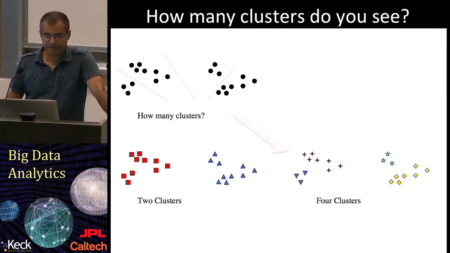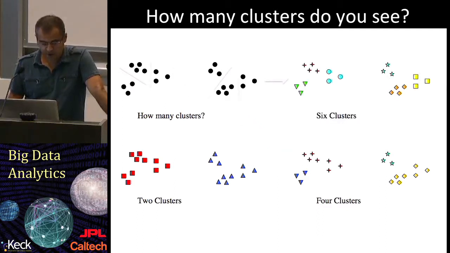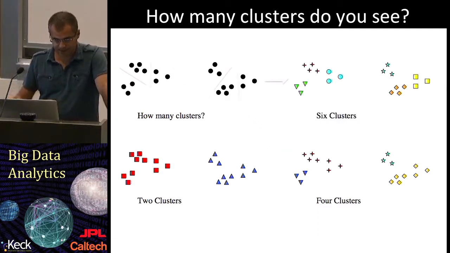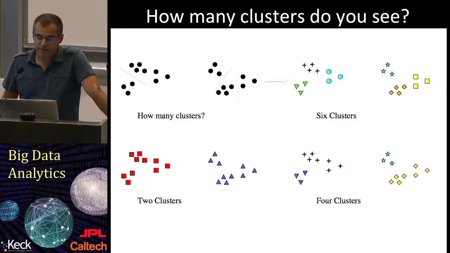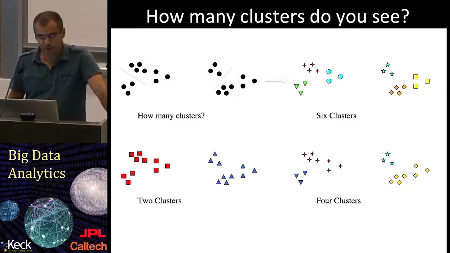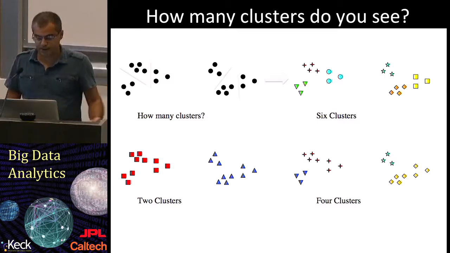But some may see 4 clusters, or even 6 little clusters, as shown in the figure. From these examples, we can derive that clustering is indeed subjective, but in a few moments we will also see some measures that we can use in evaluating the quality of a clustering.